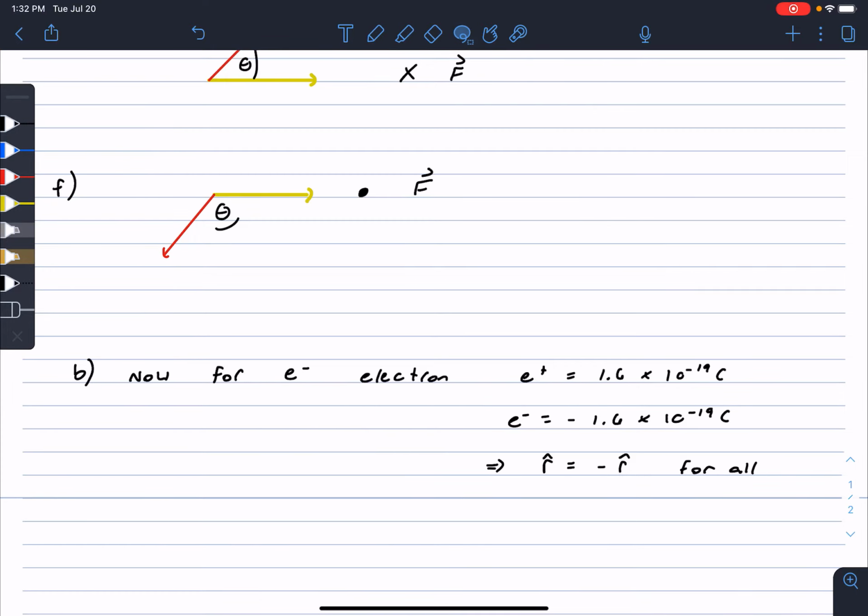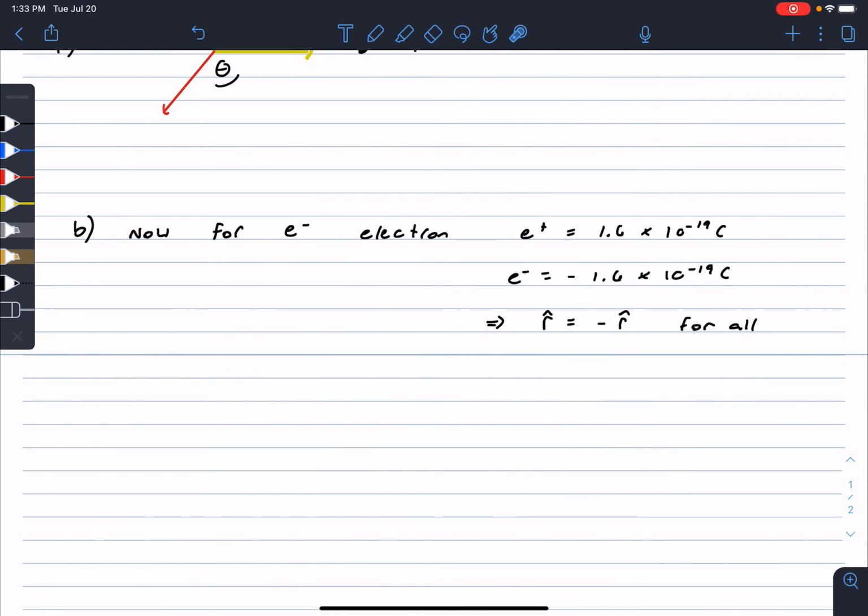And then for the electron, it's just the negative version. As far as charge goes, the electron is the negative charge of the proton. So what that means is in this formula, this is Q for proton, this is Q for electron. We have Q times V cross B, VB sine theta, right?